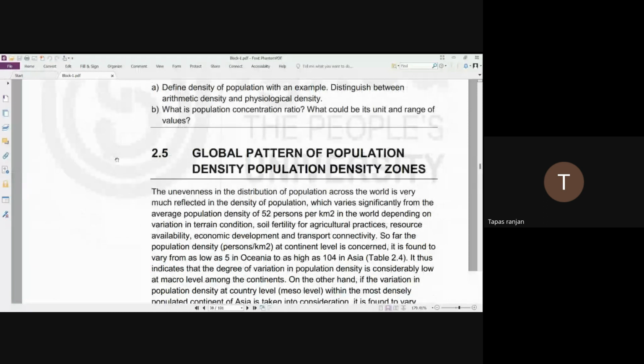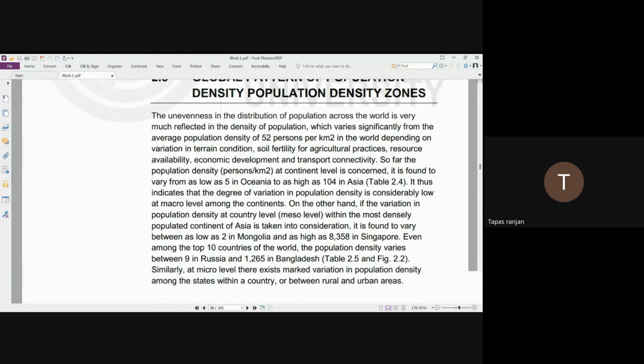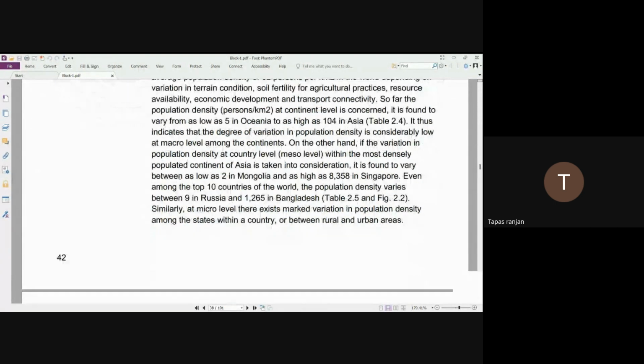Then the global pattern of population density and population density zones. These are very informative in nature. I believe if you go through your study material, you will understand it.